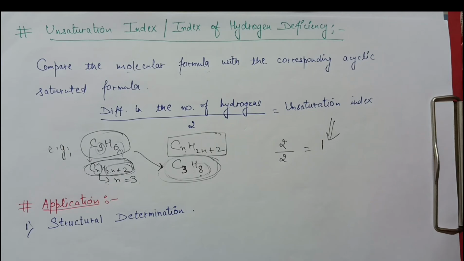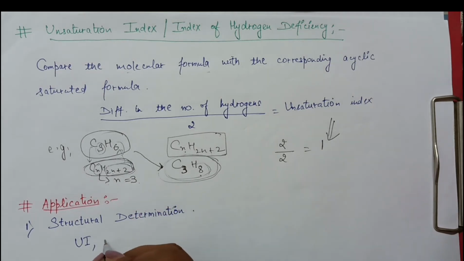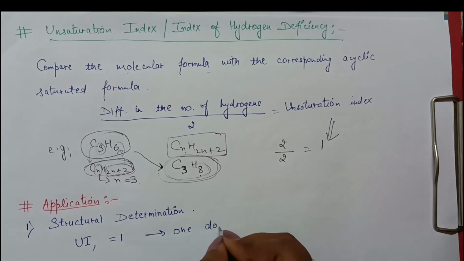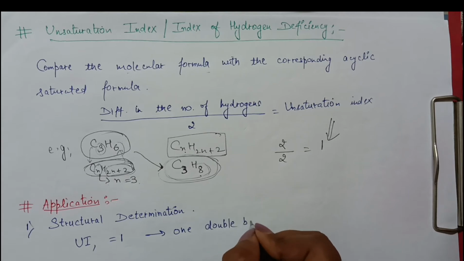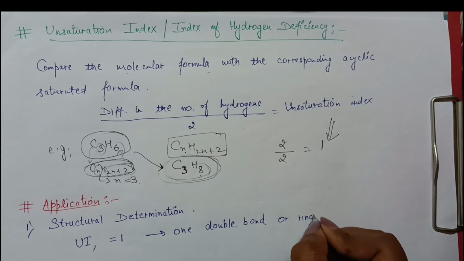So we can get a lot of information about the molecule before a single spectrum is examined. For example, if a compound has unsaturation index, or index of hydrogen deficiency, equal to 1, then from that we can determine the molecule will have either one double bond, or it can have one ring.